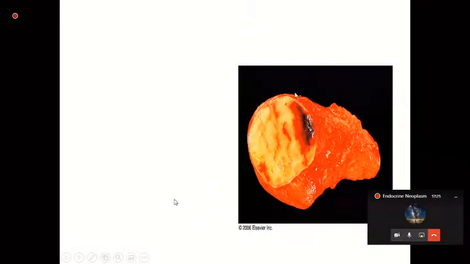Okay, this is not the biopsy, this is the thyroid. Look here, it is a solitary nodule, well demarcated from the thyroid. Look here, it is surrounded by a very thin capsule, isn't it? We can see the capsule surrounding the whole nodule.